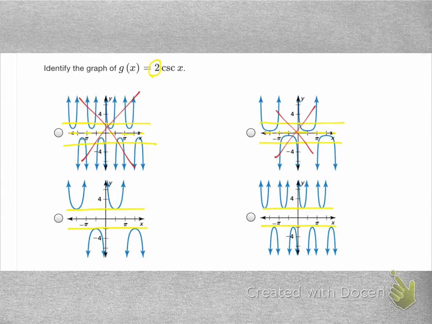Did I have any compressions in a horizontal direction or any stretches? That's determined by b. We use b for the period. For cosecant, my period is 2 pi divided by b. And in this case, b is 1, so my period is 2 pi. So which one of these does a full complete cycle in a length of 2 pi?